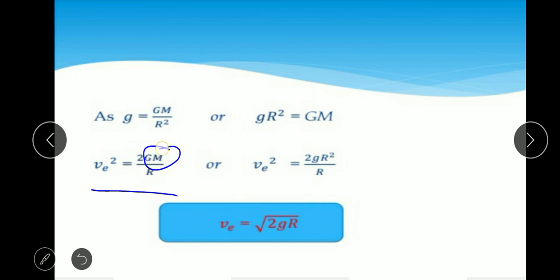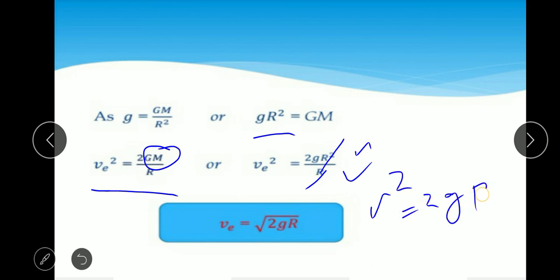Instead of GM we'll get gr square, so we will have 2gr square upon r. Here r in the numerator and denominator both will cancel and we'll get v square is equal to 2gr. We'll take the square root. It will become under root 2gr.